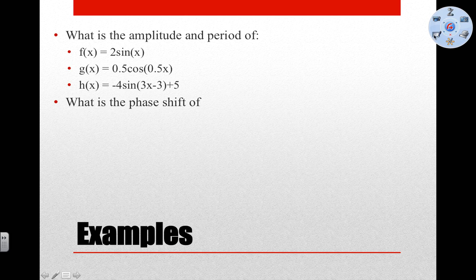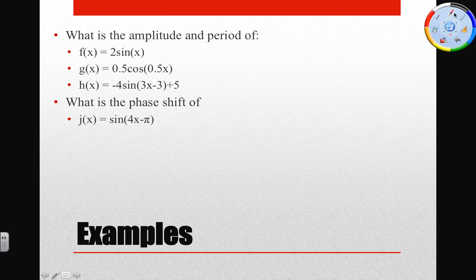So what is the phase shift then of this particular function? I just abbreviate phase shift as PS. Phase shift is given by C over B. In this case, C is the number here without the X, and a lot of times it's going to be a pi, or some version of pi, over B, which is 4.